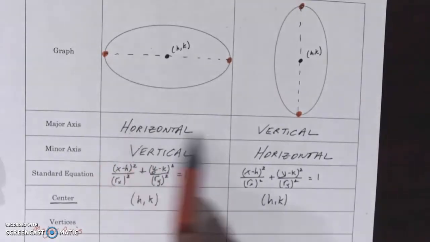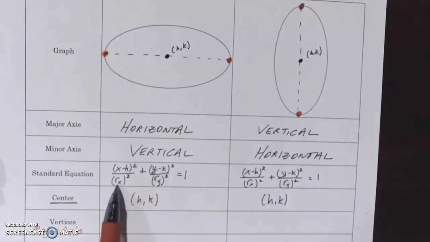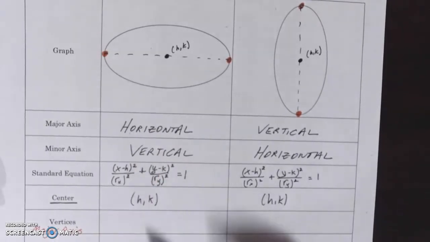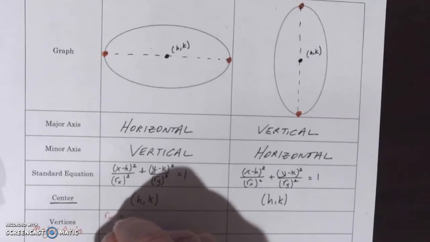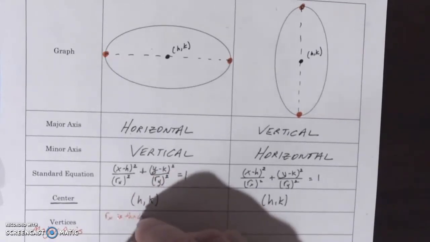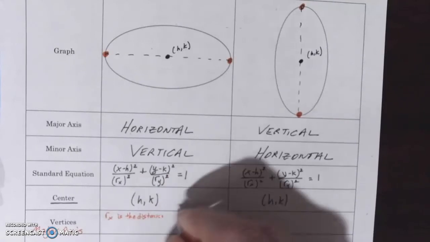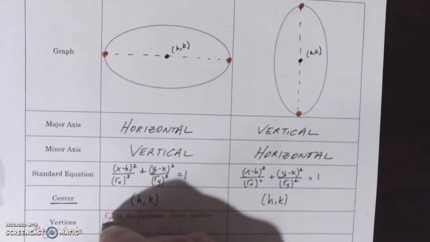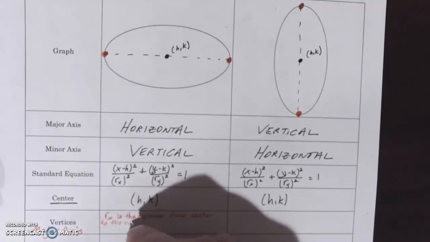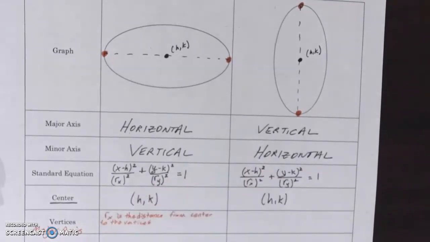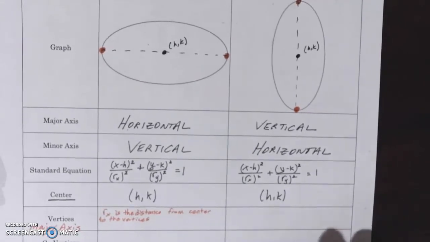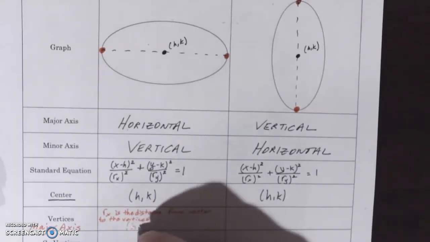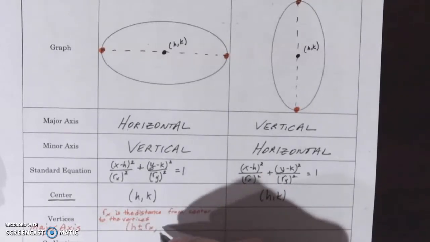If there's a horizontal major axis, then the number r sub x is the distance from the center to the vertices, which means the vertices will be located at h plus or minus r sub x, comma k.